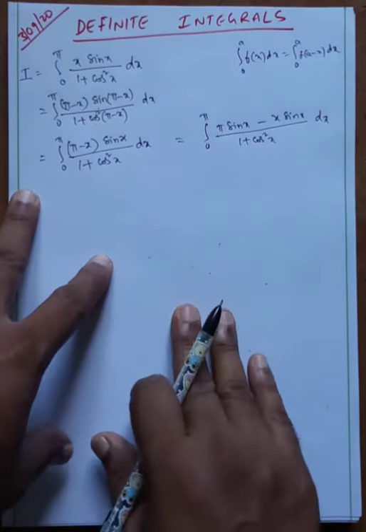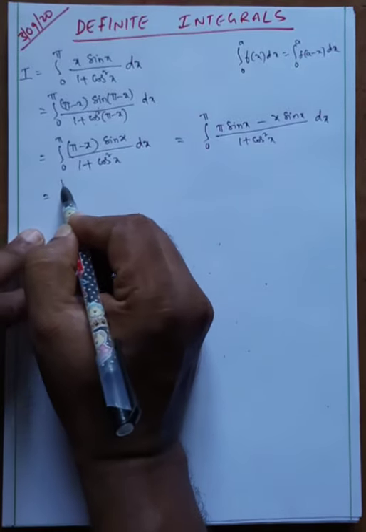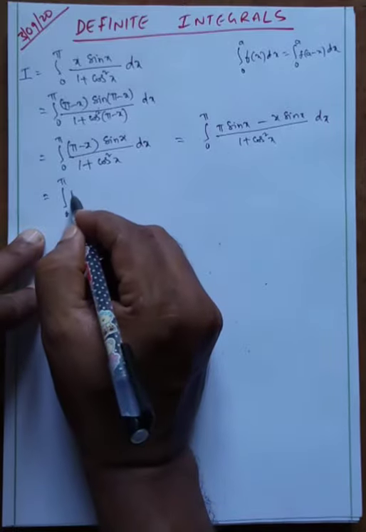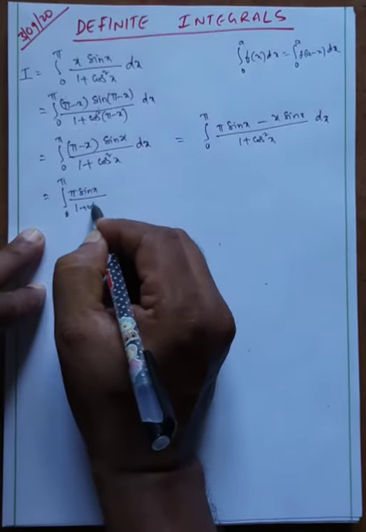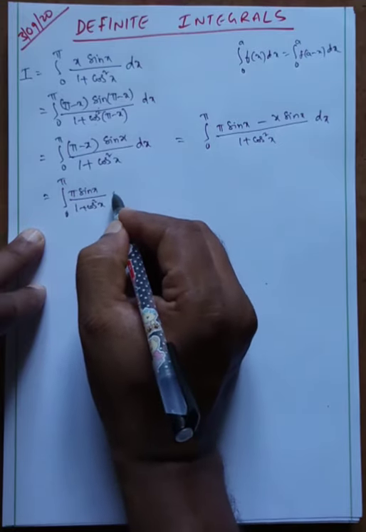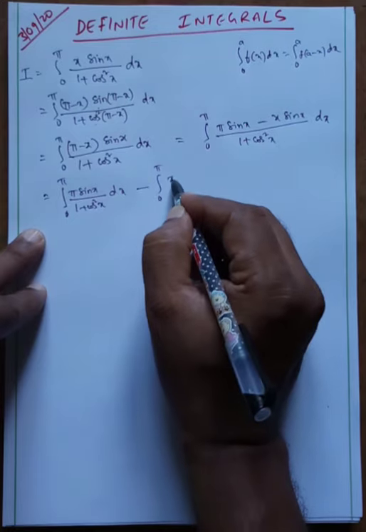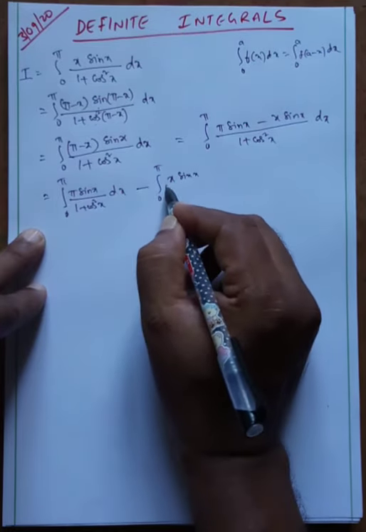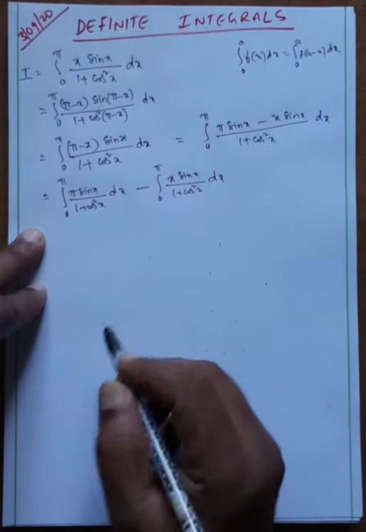Now separation is going on. That is equal to integral 0 to pi of pi sin x by 1 plus cos square x dx minus integral 0 to pi of x sin x by 1 plus cos square x dx.